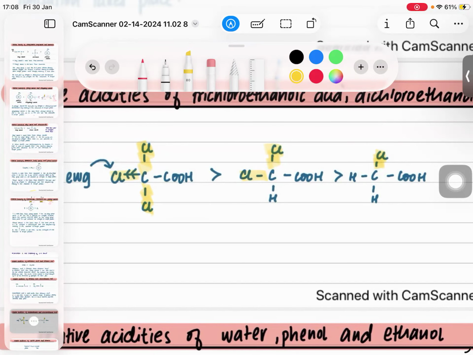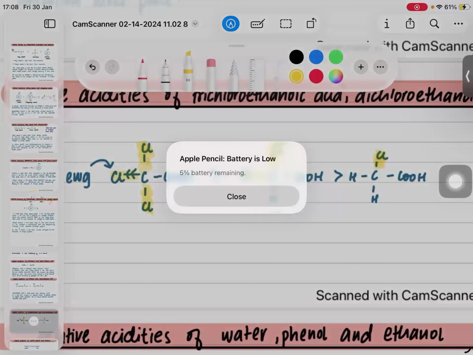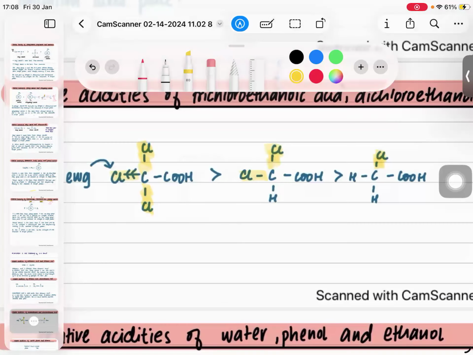Why? There are 3 electron withdrawing groups pulling all the electron density towards themselves, making the OH bond weakest. On the other hand, dichloro has less electron withdrawing effect, so the OH bond is relatively stronger.